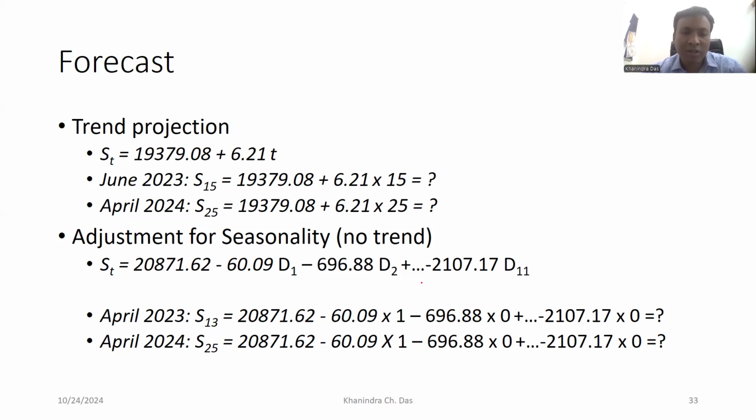Since there were 12 months in a year, we have put 11 dummies, and these are the estimates of the dummies. And the estimates will be shown in a while.